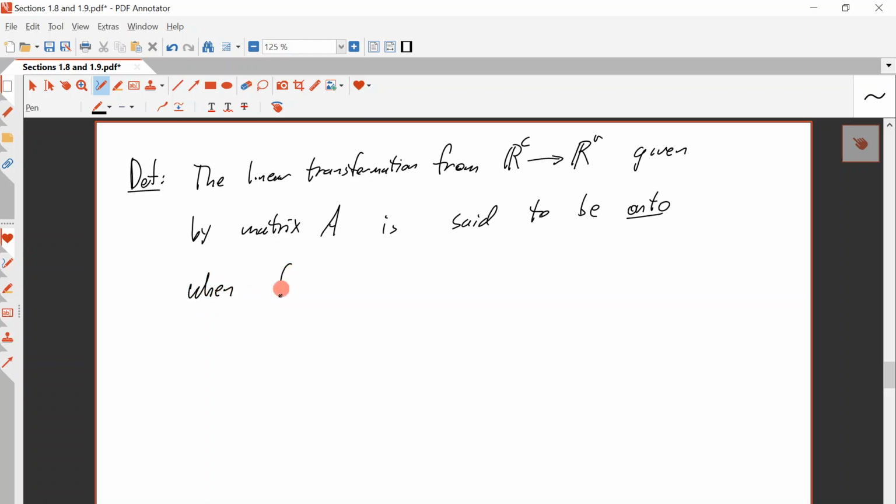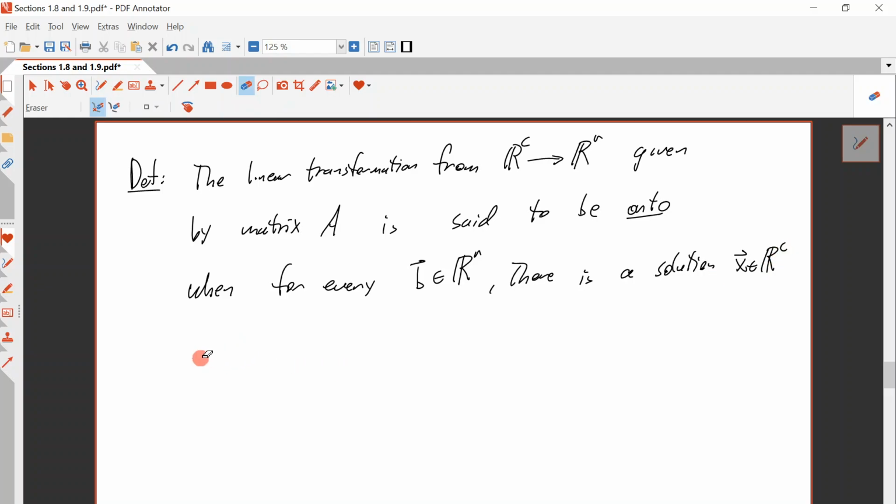Okay, when for every B in RR, there is a solution X in RC to the equation AX equals B. So whatever vector you pick in the range, there's something in the domain such that when I apply A to it, I get to the guy in the range.